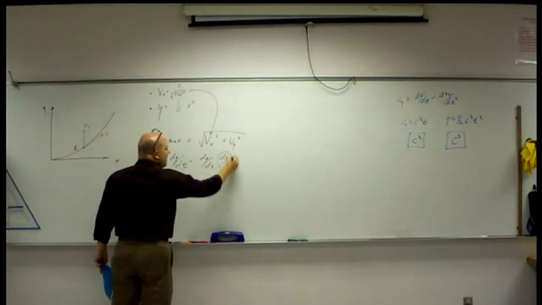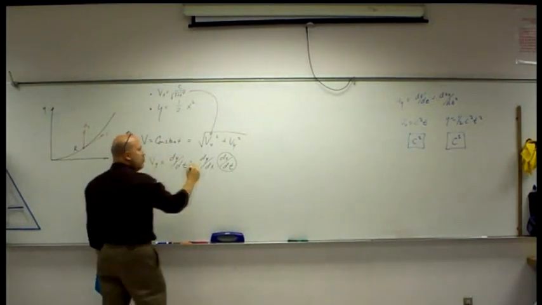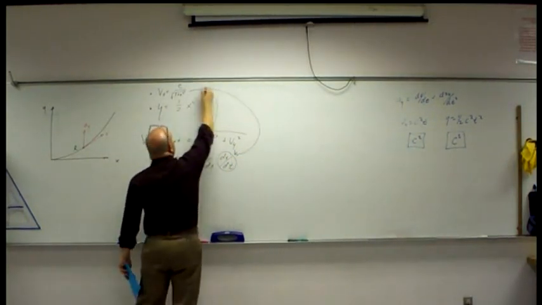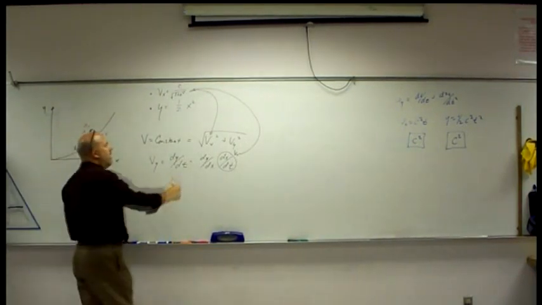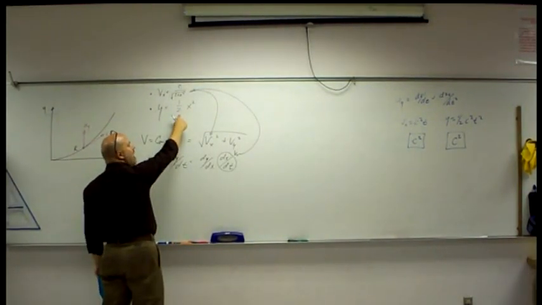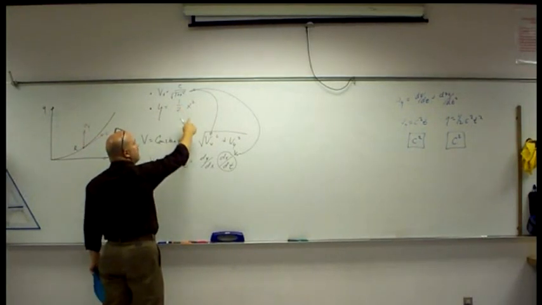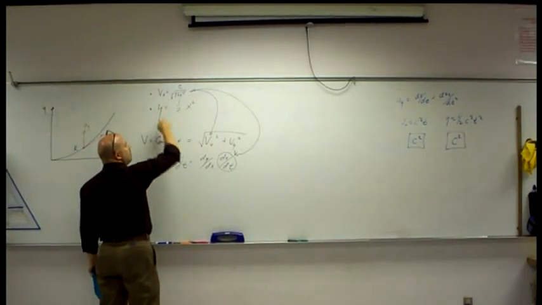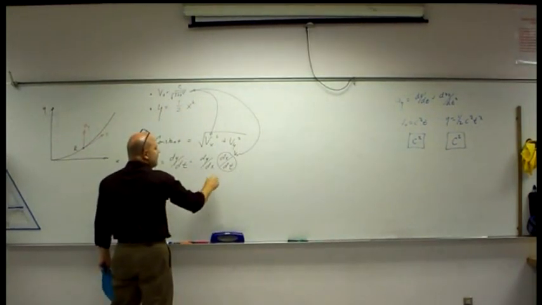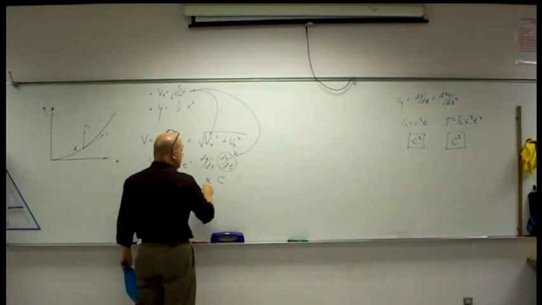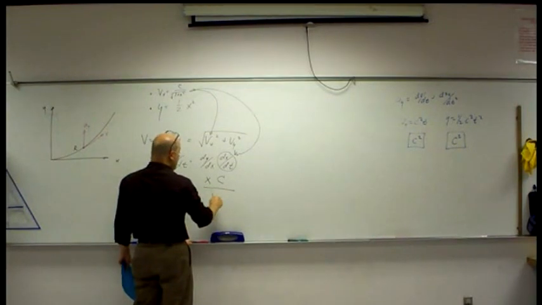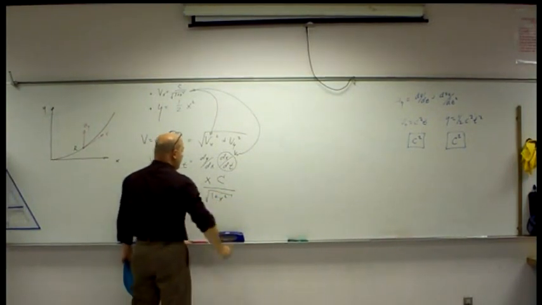What the heck is dx/dt? Vx. Ooh, that's Vx. Given. Bam. Finished. What's dy/dx? The derivative of this, that's x. And then this is Vx, which is c over the square root of 1 plus x squared.